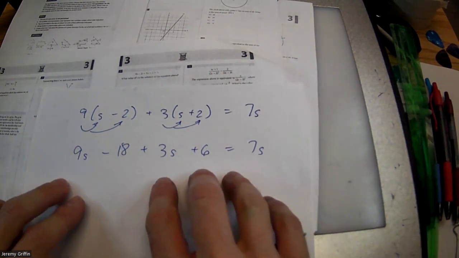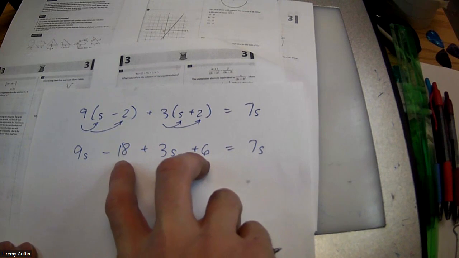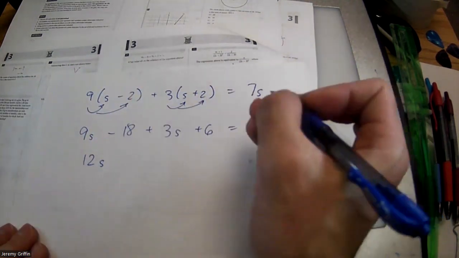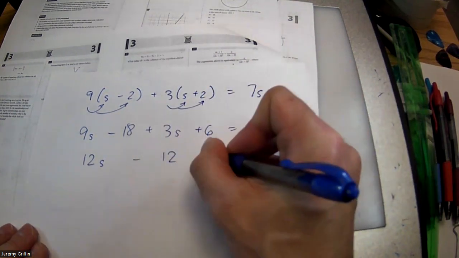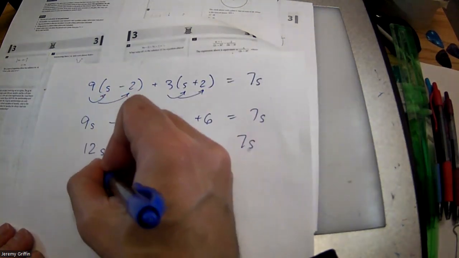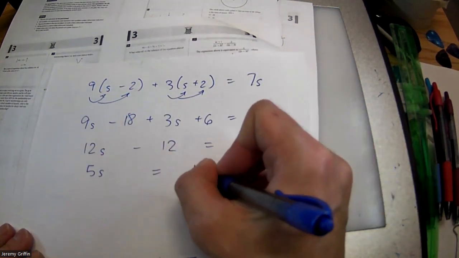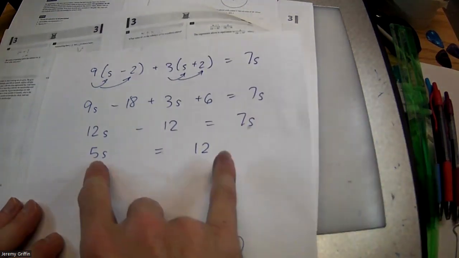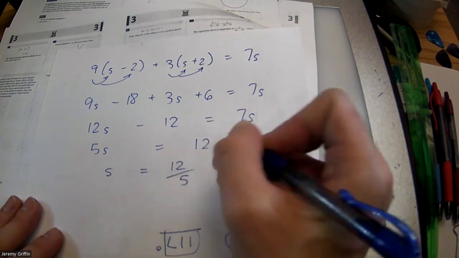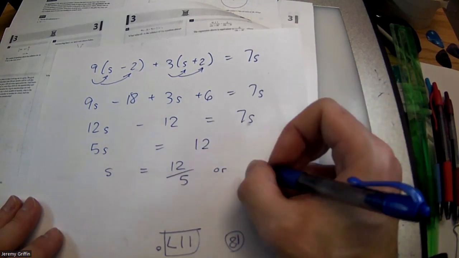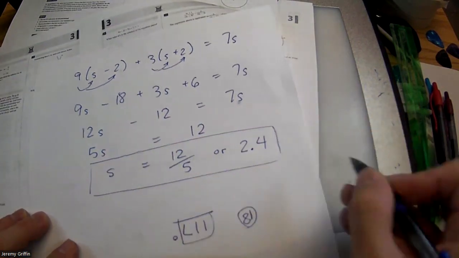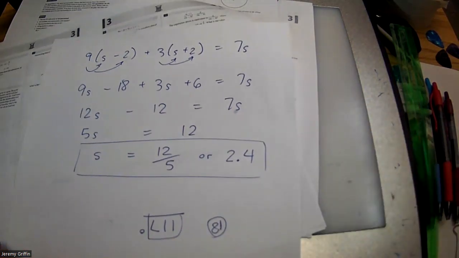I see 5 terms. Some of those have s, some of those are just constants. So this looks like 12s minus 12 is equal to 7s. Subtract the 7s over to get 5s, and I'll add the 12 over while I'm at it. Do a double swap. Divide both sides by 5. This is the answer, 12 over 5. Or you could have said 2.4. So if you did 12/5, or if you did 2.4.